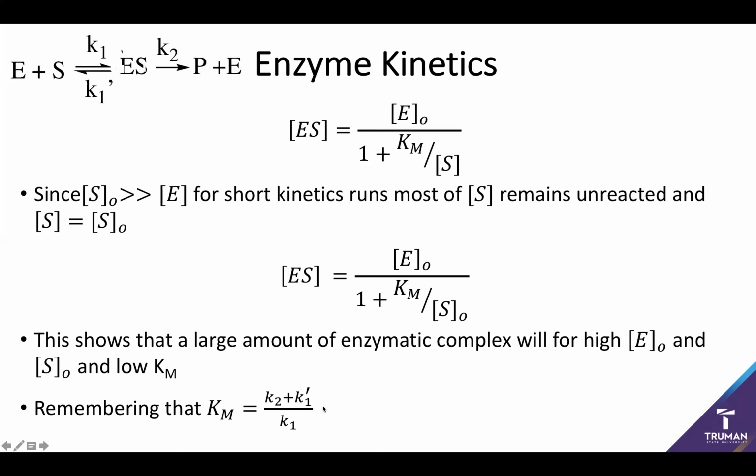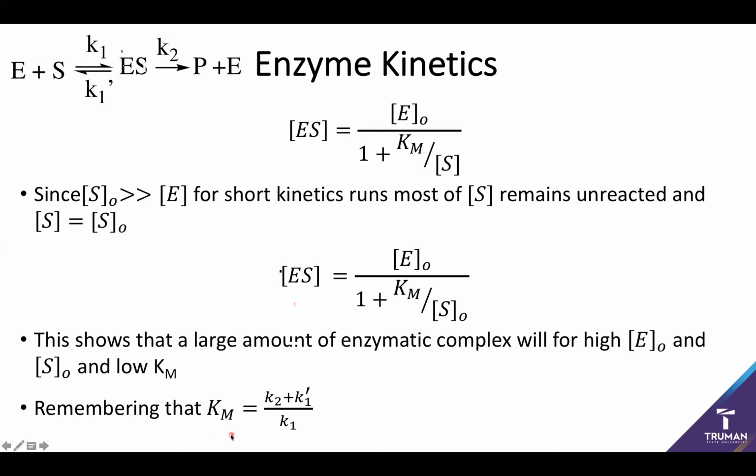And either way, both of these values will dictate a low formation of the enzymatic complex. While a large initial rate constant, this K1, is going to dictate the quick and rapid formation of a lot of complex. So this helps drive forward a lot of the trends of the Michaelis constant.